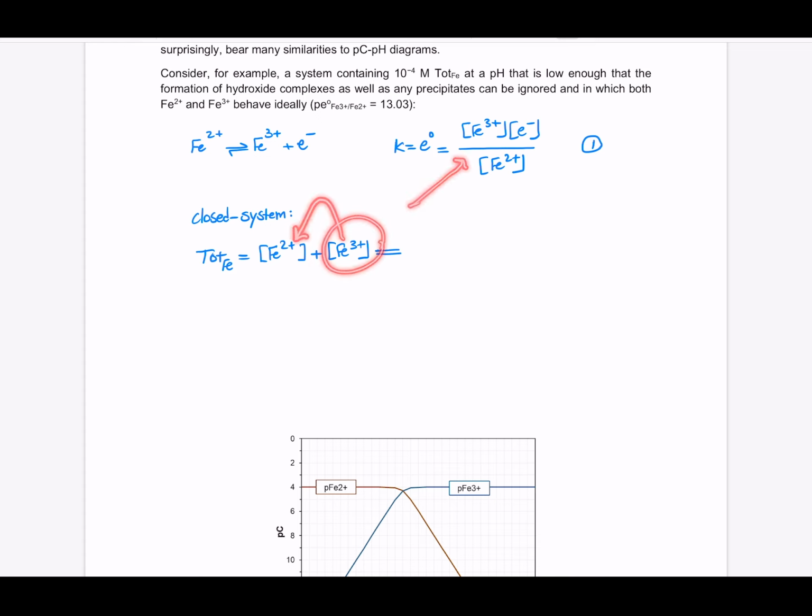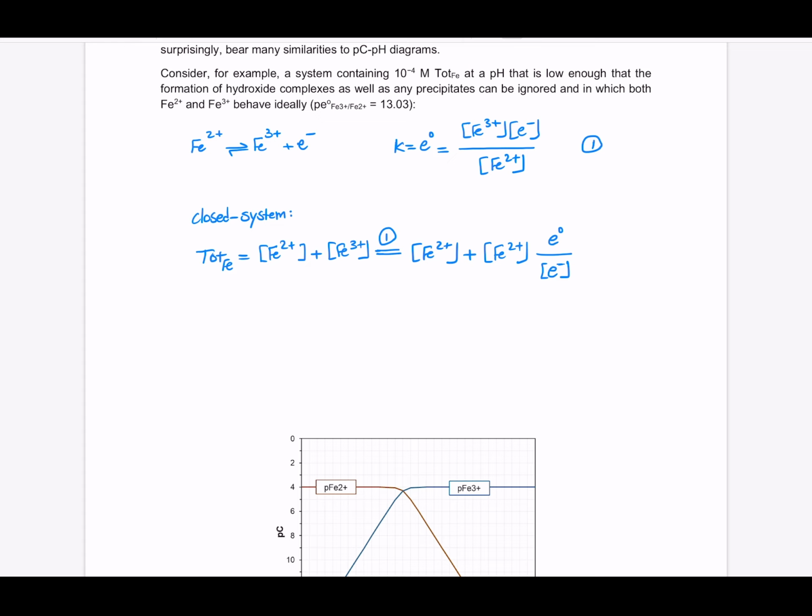Based on relationship 1, Fe2+ stays the same, but Fe3+ would be Fe2+ times the electron activity at the standard condition. This is basically a constant. Just keep in mind this value is a constant.